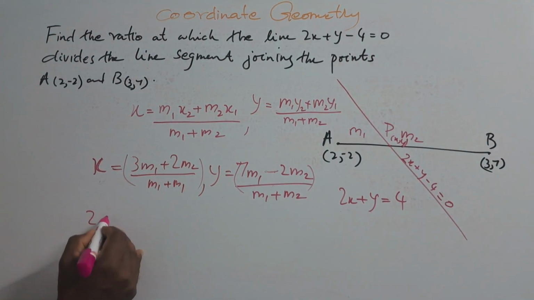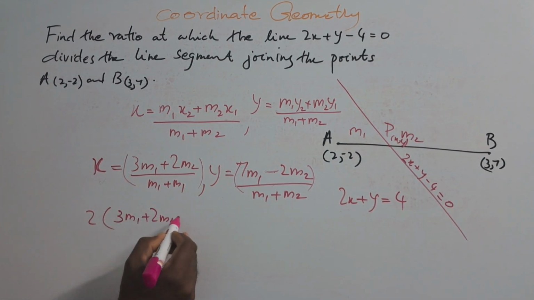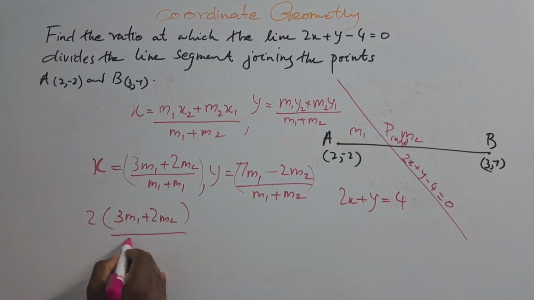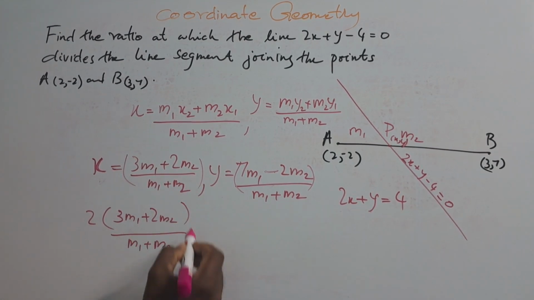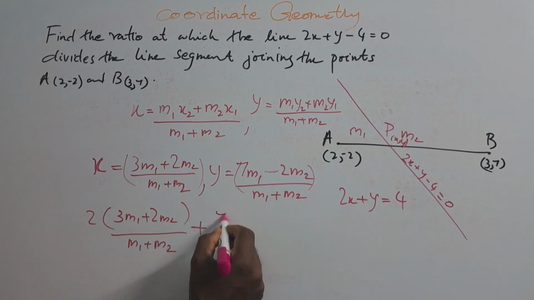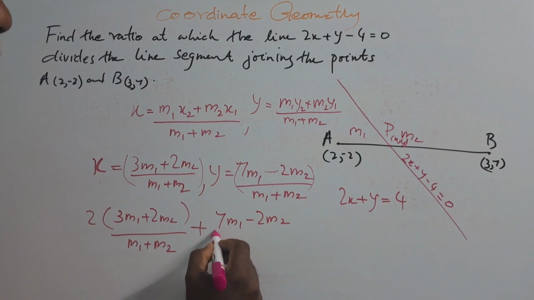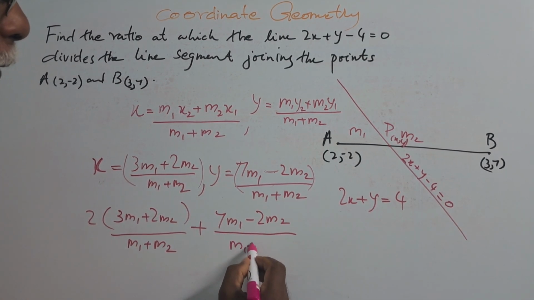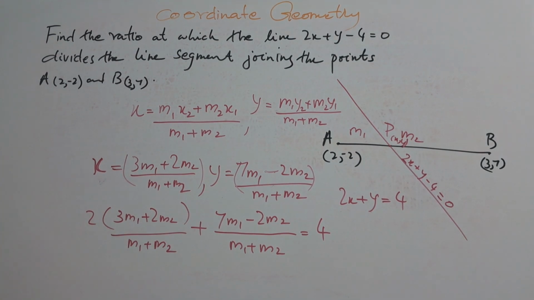That is 2 into 3m1 plus 2m2 by m1 plus m2, plus y, 7m1 minus 2m2 by m1 plus m2, is equal to 4.